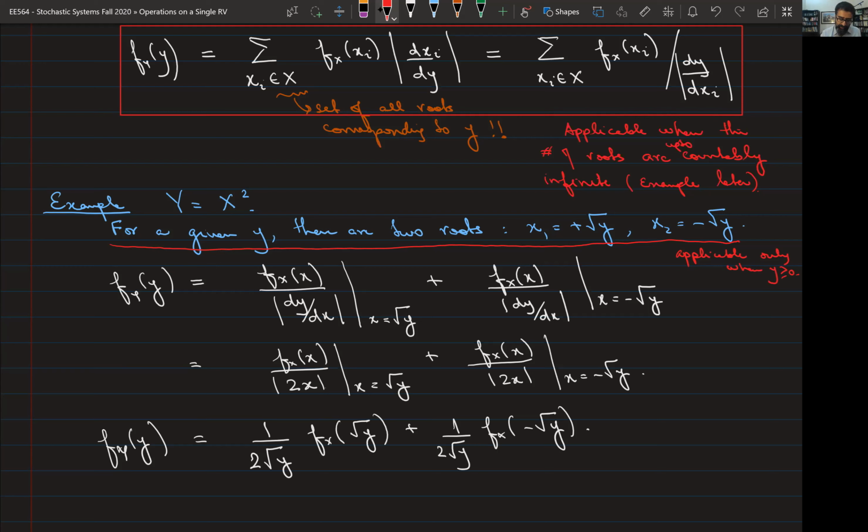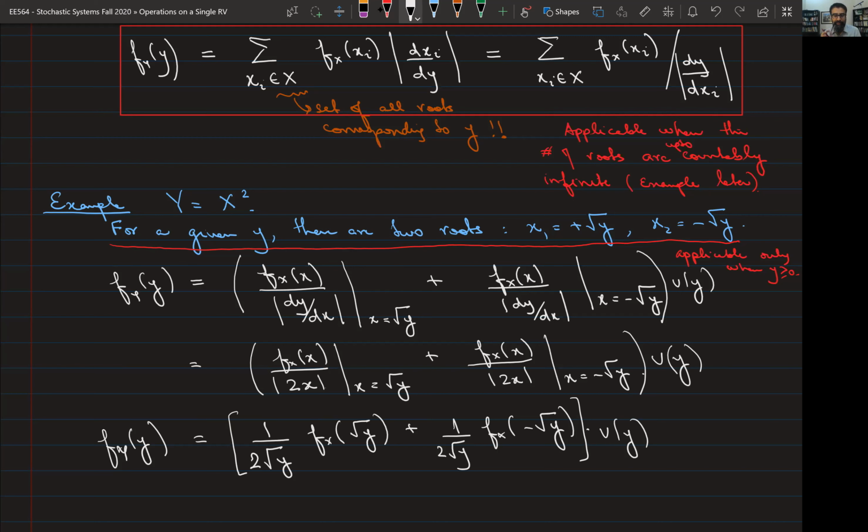So essentially what we have is all of this is actually multiplied by u of y, right? So all of this is multiplied by u of y, which just caters to the fact that y cannot be negative.